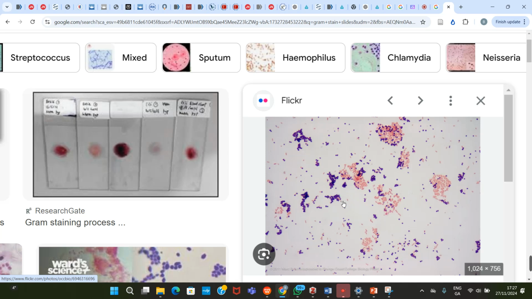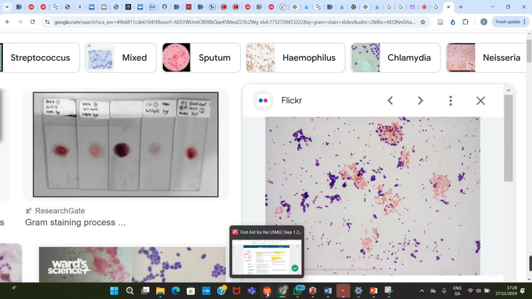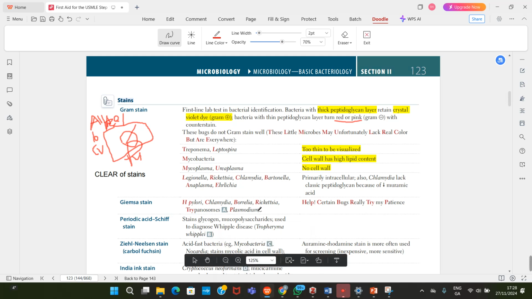Anybody? This one I'm circling. Gram positive. So this is the gram-positive part. And these ones are going to be the what? Gram negative. And don't forget the basis for the difference is due to what? The peptidoglycan cell wall that is well developed in the gram positive. You can't forget that. It's as simple as that.